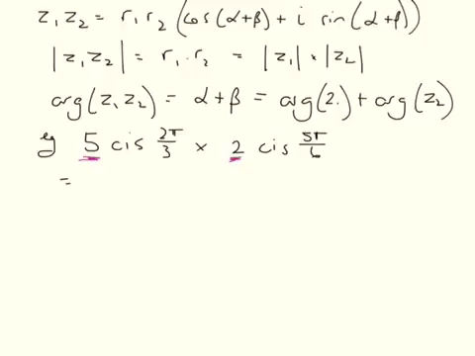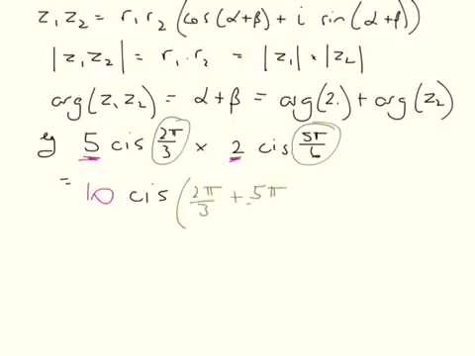So 5 times 2 is going to be 10, and then it's going to be the cis of, this time I want these two angles added together. So if I have 2 pi on 3 plus 5 pi on 6, that will equal 10 cis, adding those two together, I get 9 pi on 6, so 3 pi on 2.